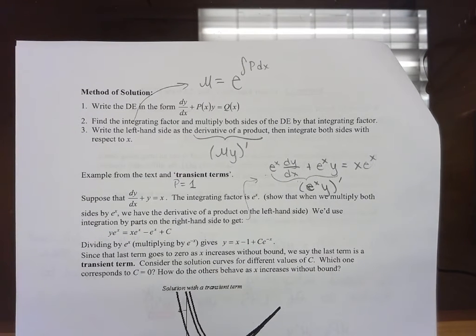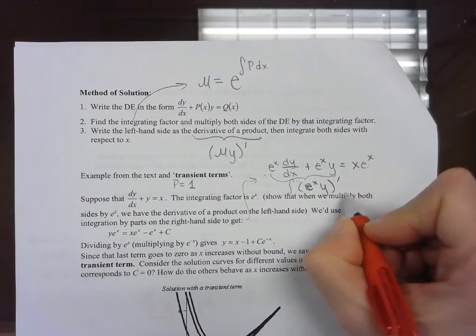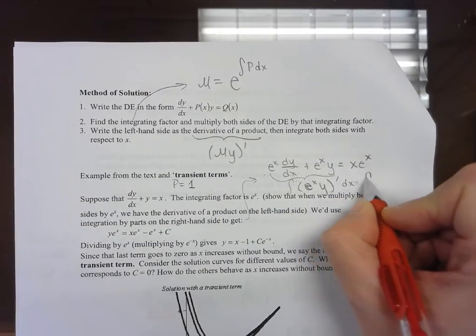If I apply the product rule to that, first times derivative of the second plus the second times the derivative of the first. Well, if the first is e to the x, its derivative is also e to the x. So the left-hand side is just e to the x y, whole thing prime. And then we do the antiderivative of both sides.